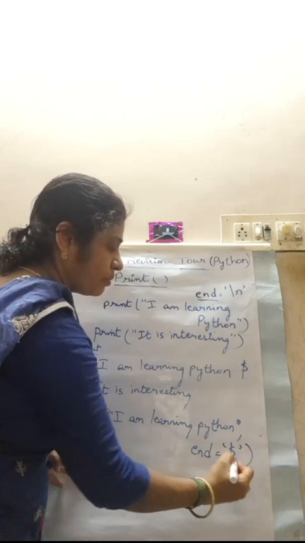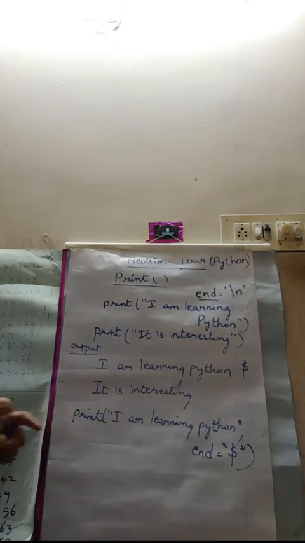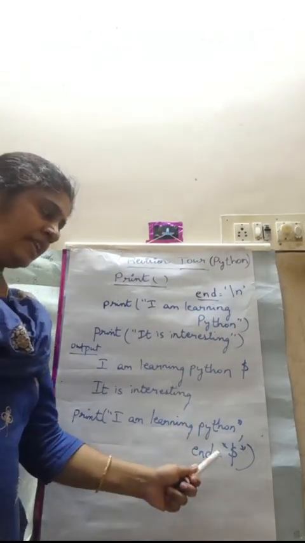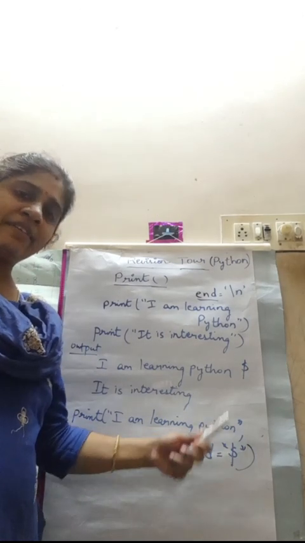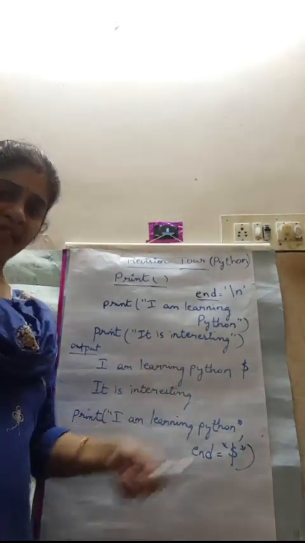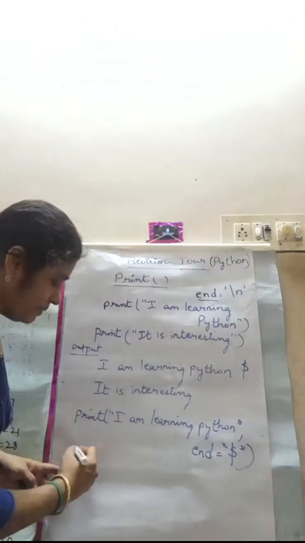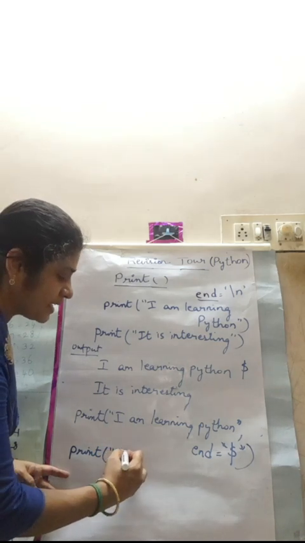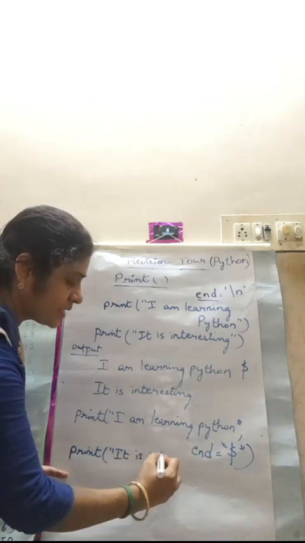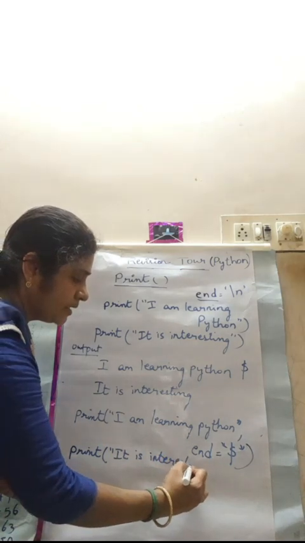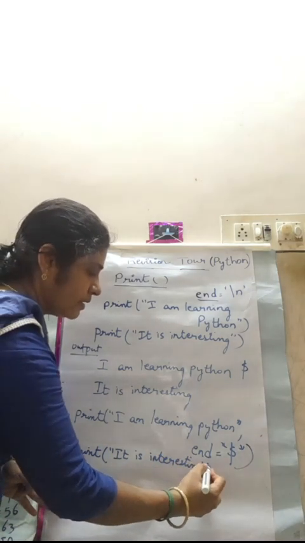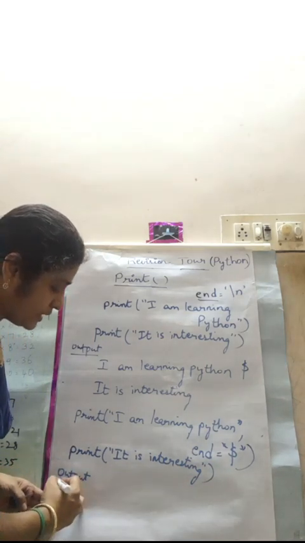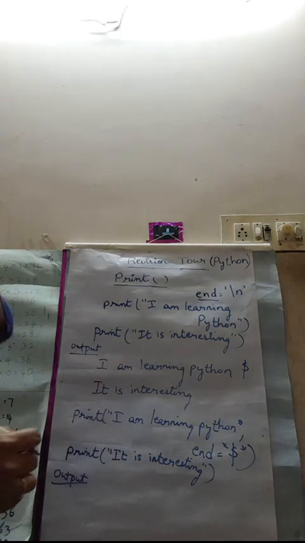Then what will happen now? Instead of going to the next line, it will print dollar and then print the next message. I just write here print, the next statement, it is interesting. Now what will be the output? Instead of going to the next line, it will display in the same line.